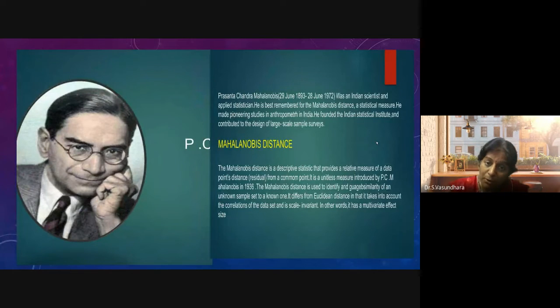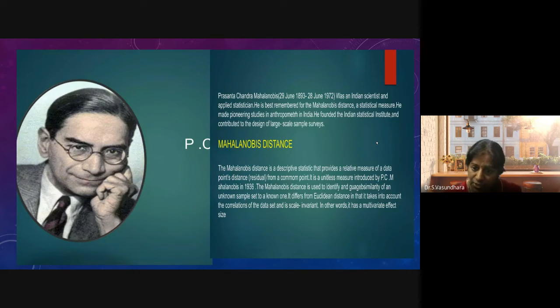And we have one more famous mathematician and statistician, Mahalanobis, known for the Mahalanobis distance. He contributed to descriptive statistics. It provides a relative measure of a data point's distance from a common point. It is a useful measure introduced by Mahalanobis in 1936.